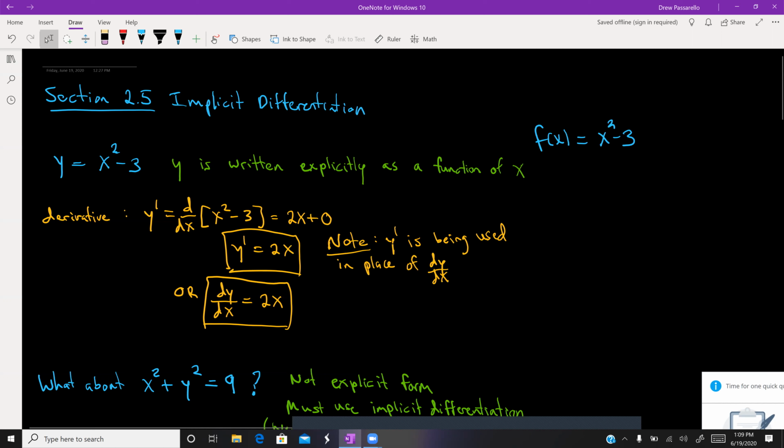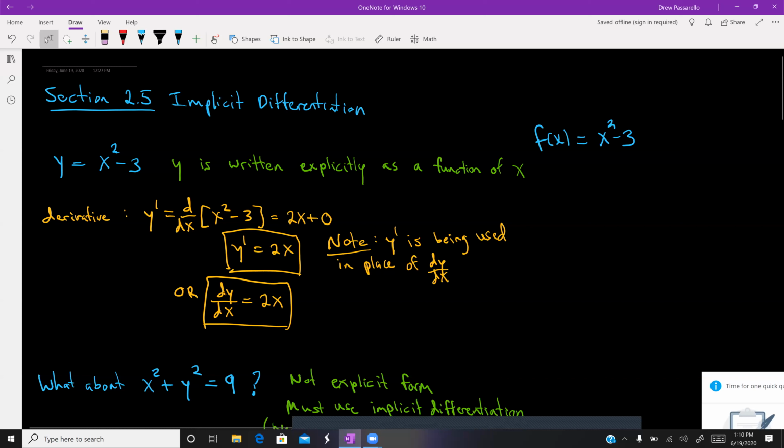So y prime is equal to 2x. That's the answer we would go with as its derivative. Note that I'm using y prime instead of the notation that might be used in the textbook or somewhere else, which is dy dx. So you could write it as dy dx equal to 2x instead of using y prime. You'll see in a second why I'm bringing back this notation. All of this was discussed in previous videos about y prime versus dy dx.